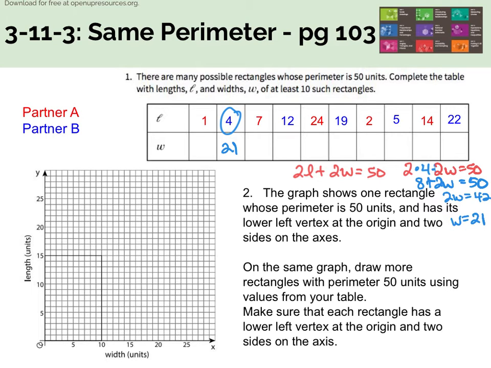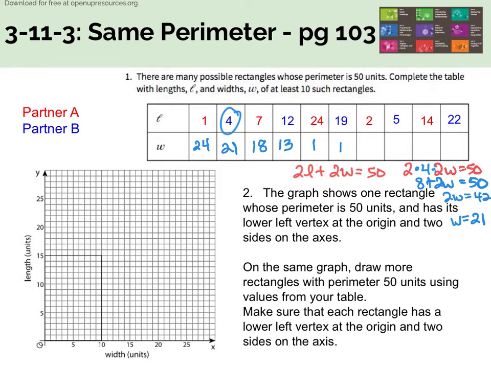Alrighty, let's go through that. With the 1, we should have 24. So length of 1, width is 24. Length of 7, width is 18. Length of 12, width is 13. Length of 21, width is 1. Length of 19, width is 1.